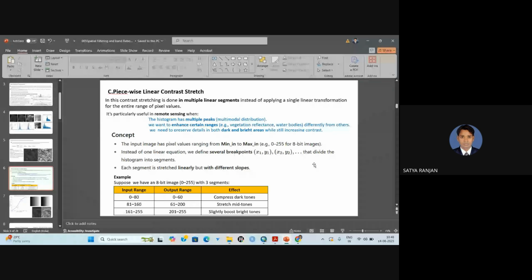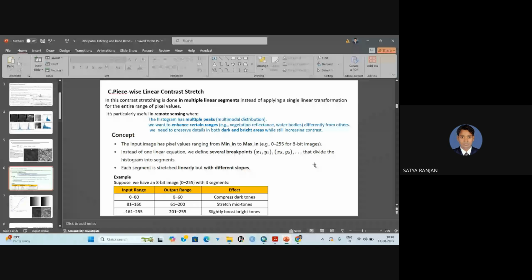Then piecewise linear contrast stretch. In this contrast stretching, multiple linear segments are applied, instead of applying a single linear transformation. Suppose there is a range from a minimum of 60 to a maximum of 200 pixel value.